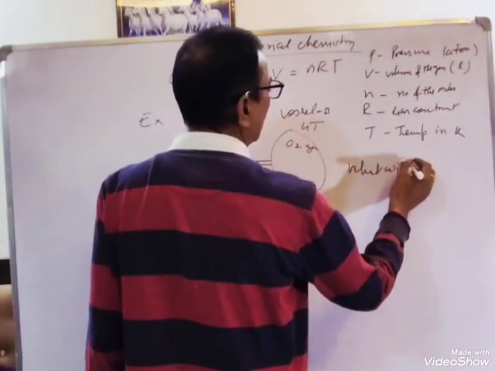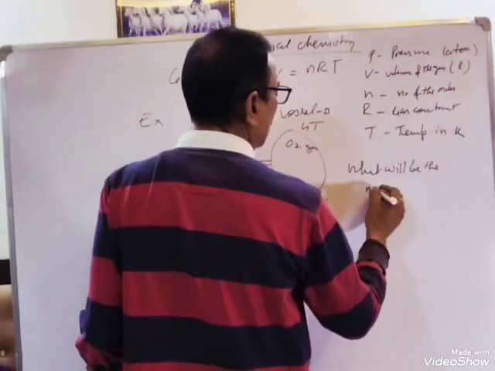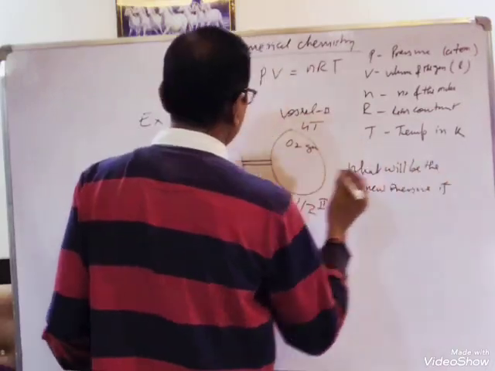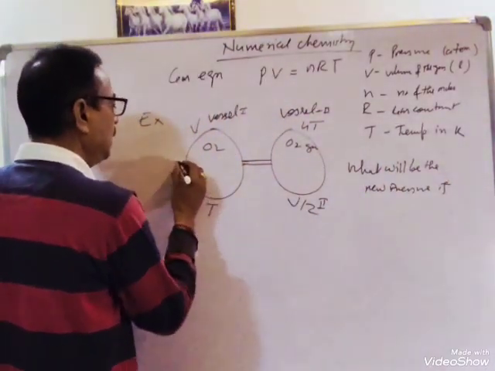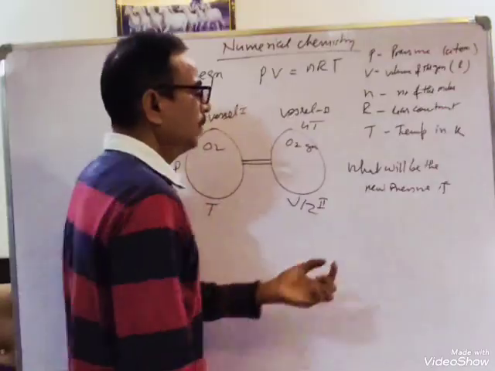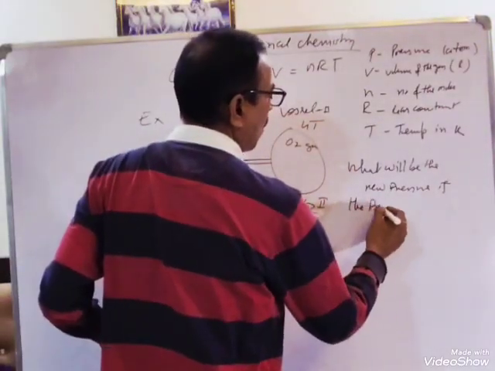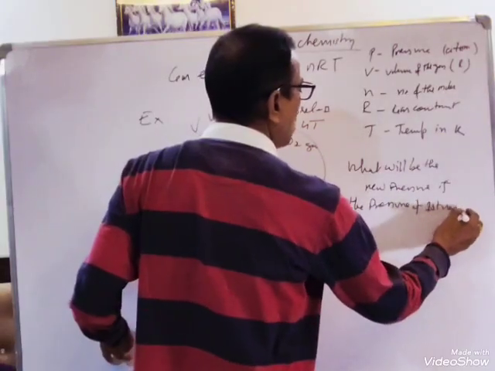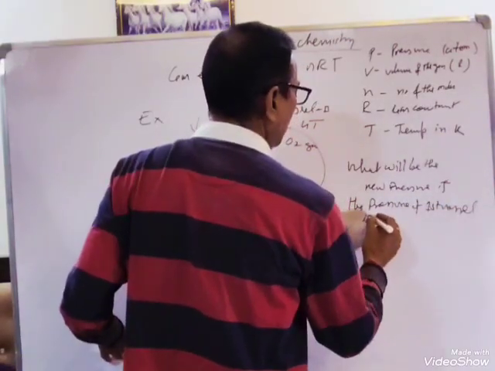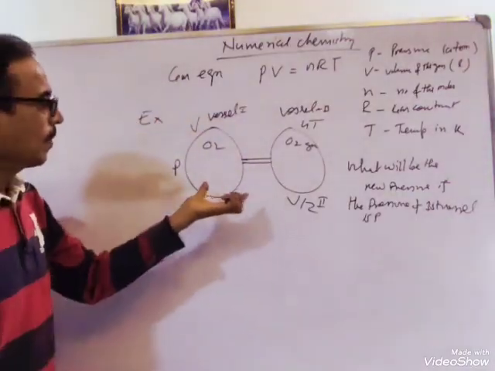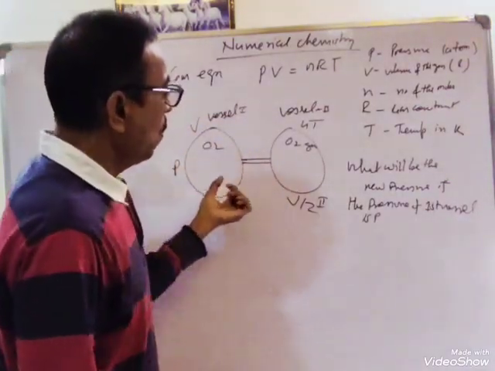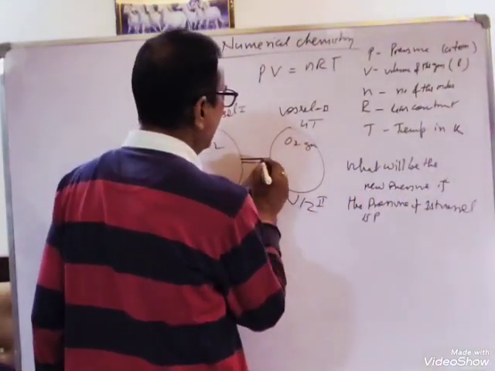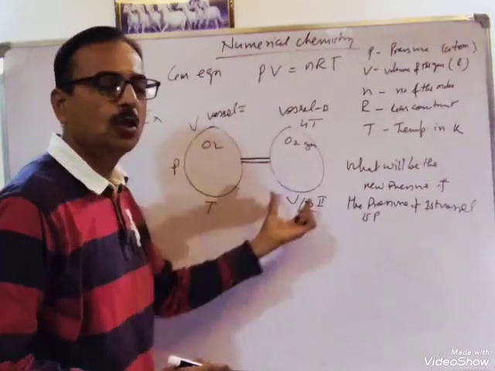What will be the new pressure if the pressure of the first vessel is P? Let us see what the new pressure will be after connecting the tube, which means now the system is common.